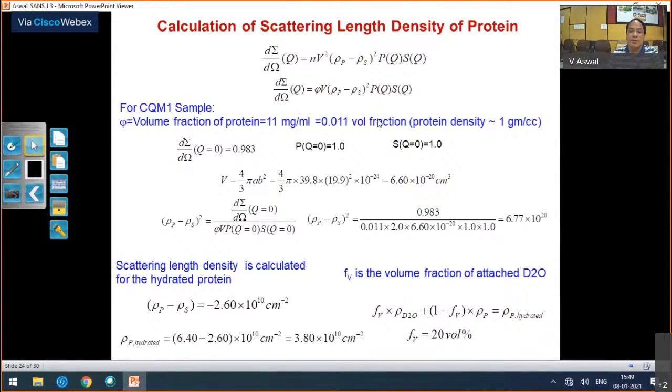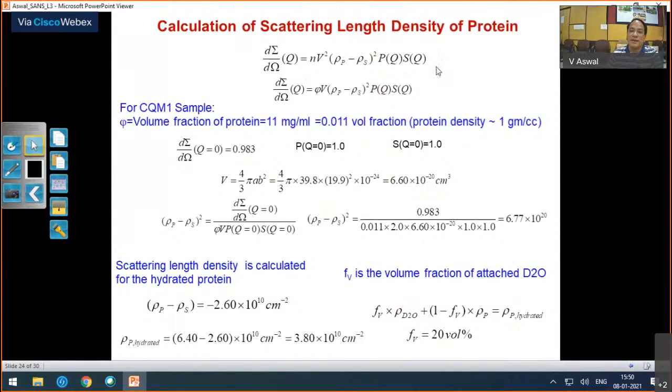Then this is a very important thing with small angle neutron scattering, because you measure scattering intensity on a normalized scale. So this scattered intensity is measured in units of differential cross section. So you know this part.